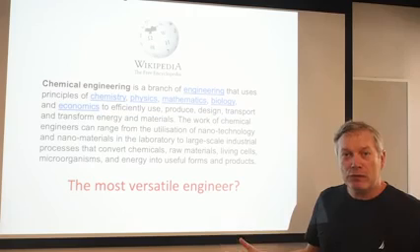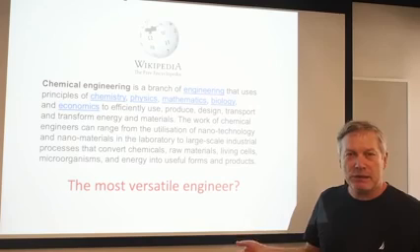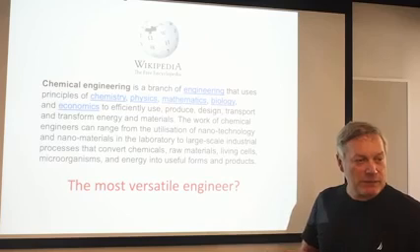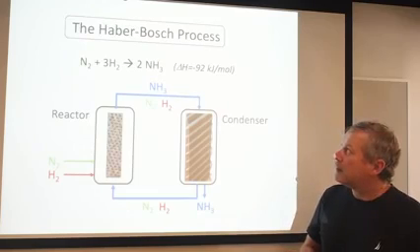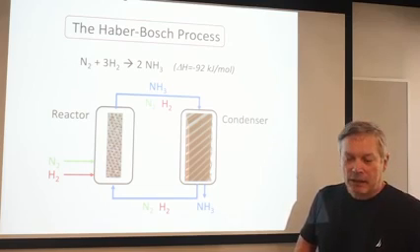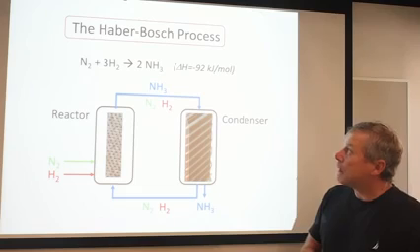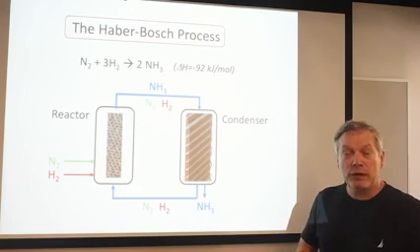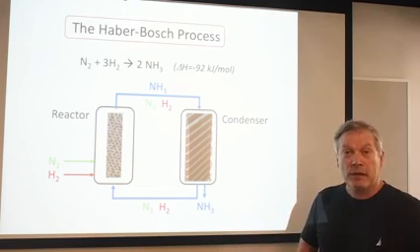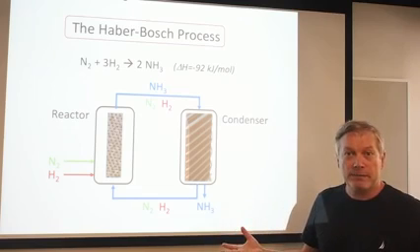And I will use an example of what chemical engineers do from 110 years ago. Next slide, please. And this is to tell you about the Haber-Bosch process. The Haber-Bosch process addresses the production of ammonia and nitrogen fertilizers. 110 years ago, the world was running out of natural fertilizers.